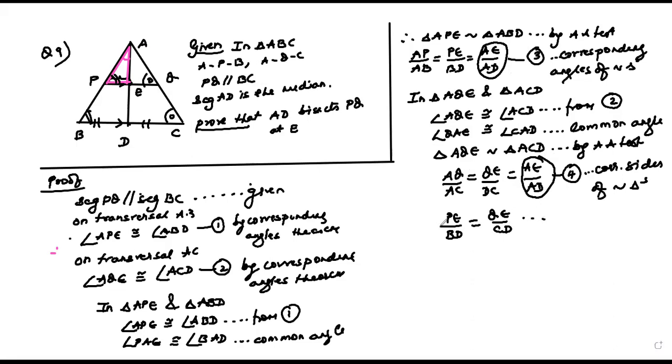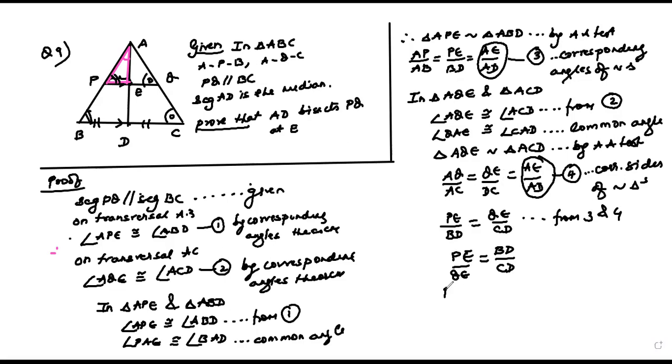Now, why did I do this? Because I want PE and QE. So I only take the ratio involving PE and QE. So PE upon BD equals QE upon CD. Can I say this from 3 and 4? So PE upon QE equals BD upon CD.